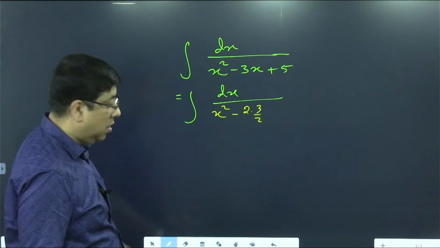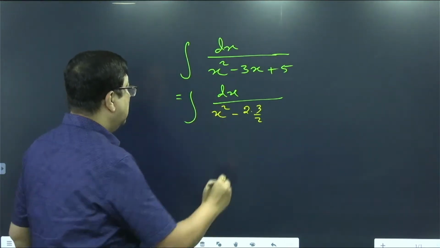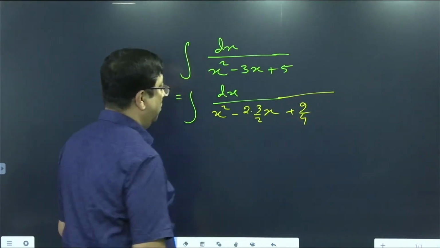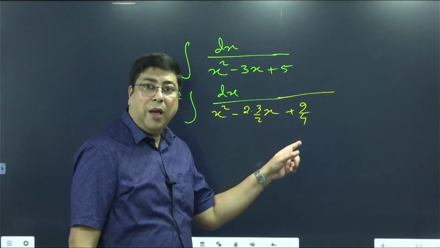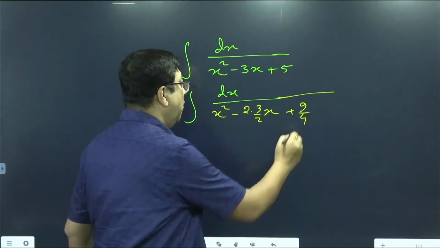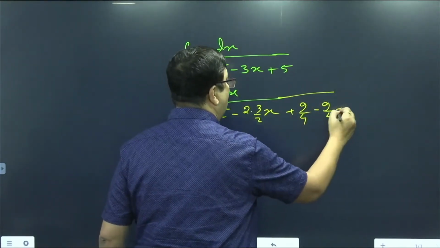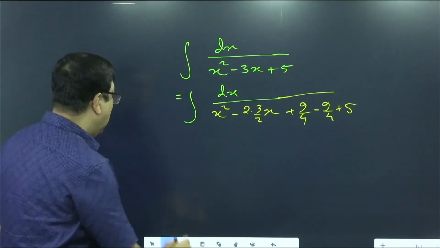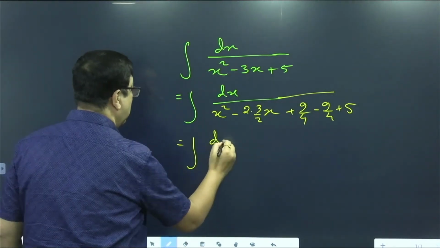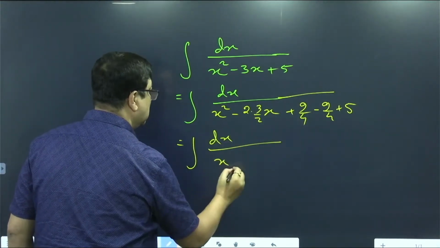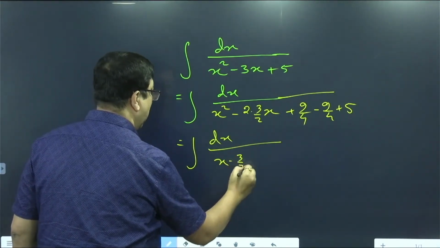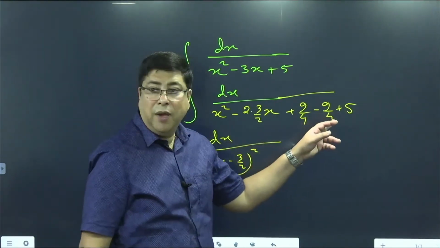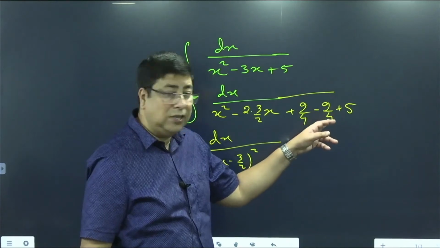Where is the 2 of the 2ab? 2, 3 by 2 x. Accordingly, we have to balance 9 by 4. We have taken extra 9 by 4, so balance by minus 9 by 4, and it was previously 5. Now, the first three terms will give you a whole square absorbing all x. So, x minus 3 by 2 whole square, and 5 minus 9 by 4 is what? 20 minus 9, that is 11 by 4.